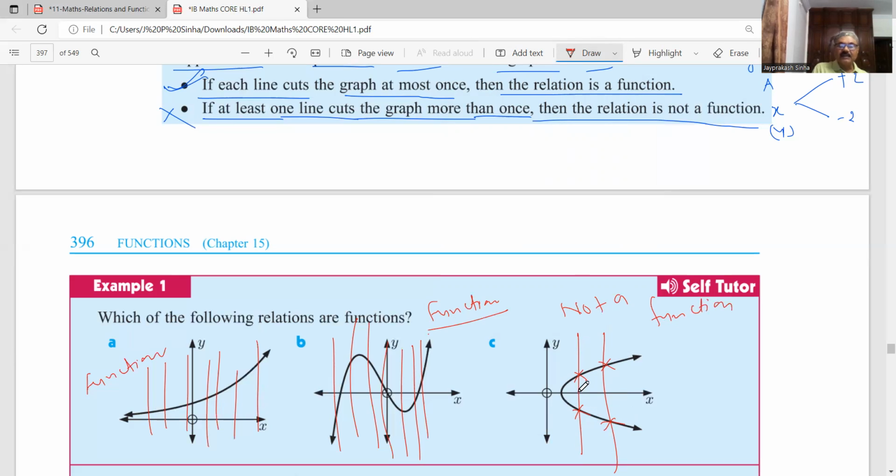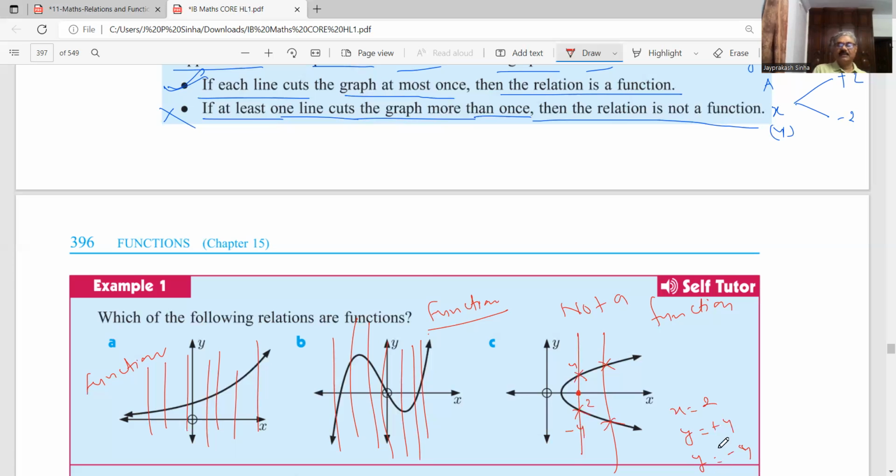Because for a single value of x, just imagine that it is 2, for x equal to 2 in the graph you are getting y equal to plus 4 and y equal to minus 4, whatever value you are getting.